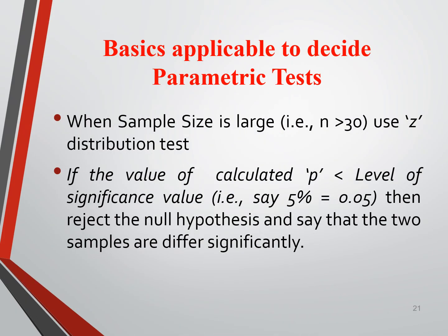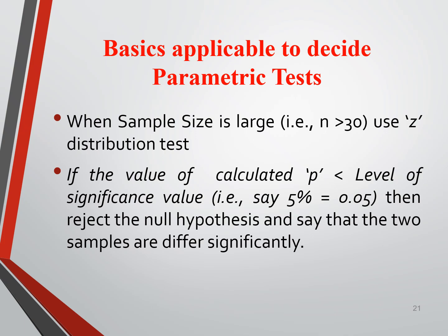The basic rule is that when sample size is greater than 30, you always use the Z distribution test. Or you can take the p-value 0.05. The medical profession may take the value as 0.01.